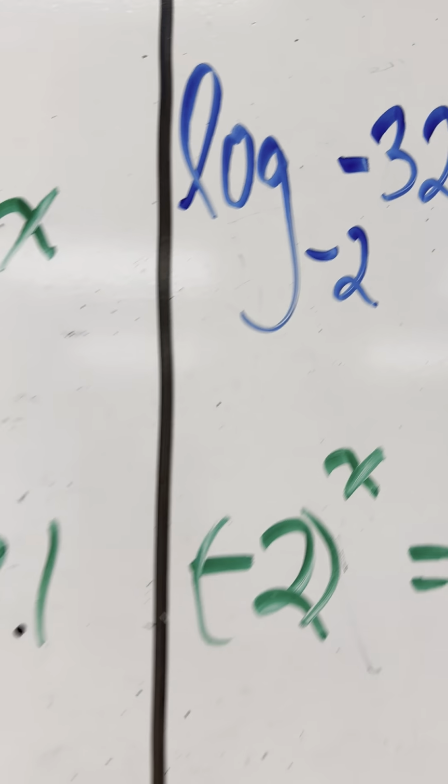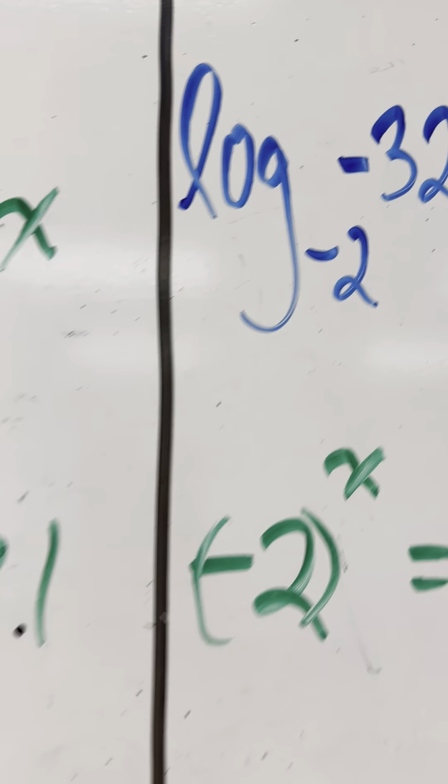Here, negative 2 to the what power equals negative 32? Well, negative 2 to the 5th power equals negative 32. The answer is 5. Here, negative 4 to the x power equals 16. Negative 4 to the 2nd power equals 16. Negative 4 times negative 4 is 16, right?